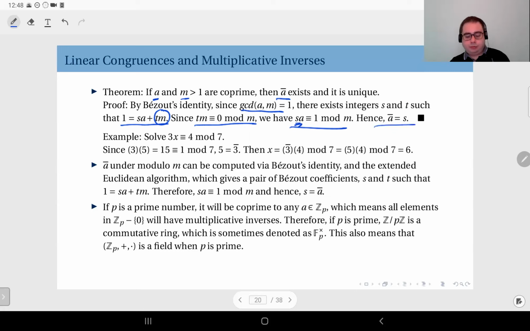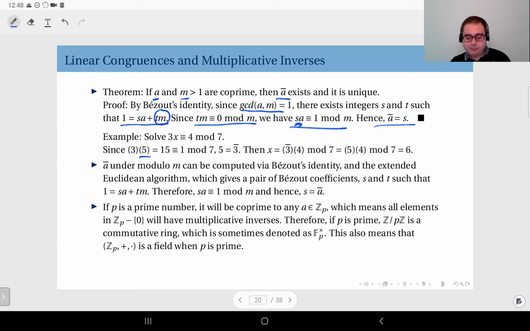Okay? So for instance, a very easy example here: solve 3x congruent to 4 modulo 7. To solve this, you need the multiplicative inverse of 3. And the multiplicative inverse of 3 modulo 7 is 5, because 3 times 5 is 15, which is congruent to 1 modulo 7.